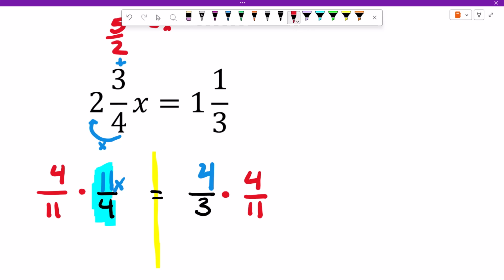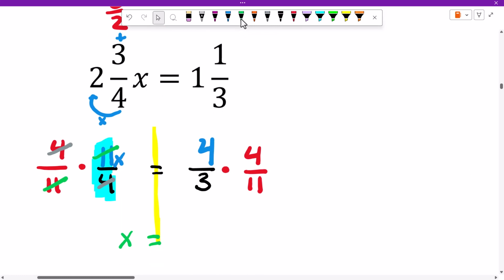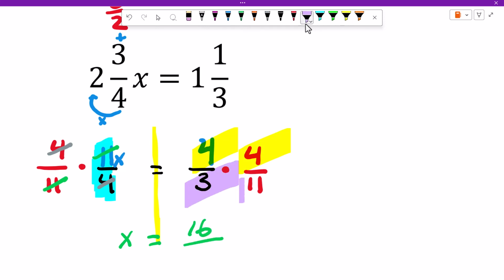We do our canceling. 4 on top cancels the 4 on bottom. 11 on top cancels 11 on the bottom. We're left with just the x. On the other side, do our multiplication. We multiply the tops together. 4 times 4 gives us our 16. And we have our 3 times 11 gives us our 33. 16 over 33.